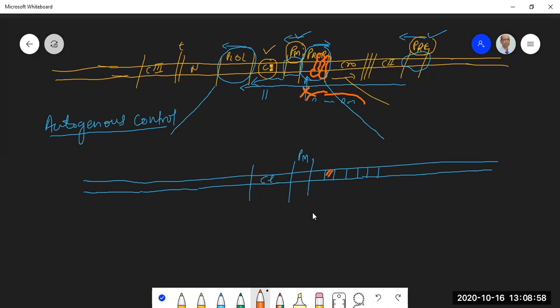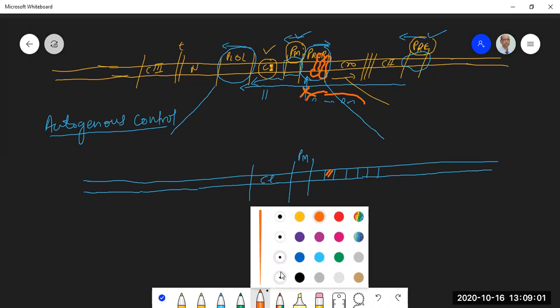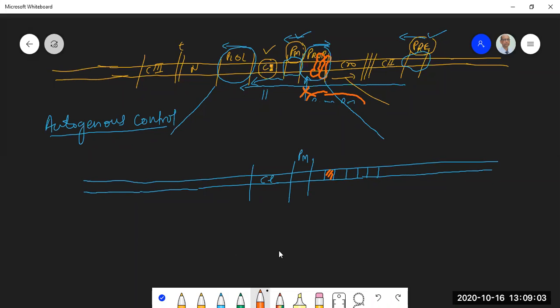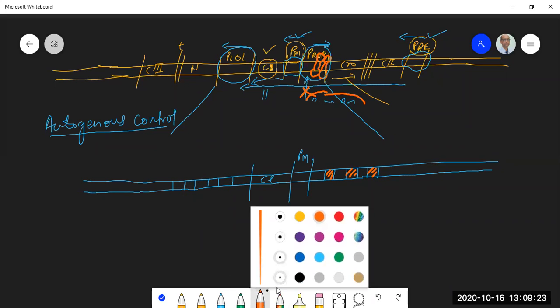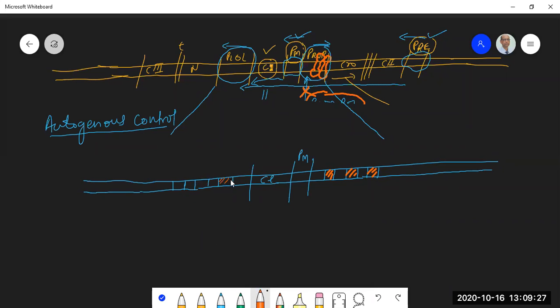This is site number 1, this is site number 2, this is site number 3. Similarly, on this side also we have 3: this is 1, this is 2, and this is 3.